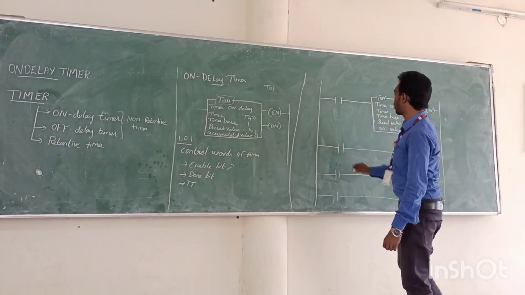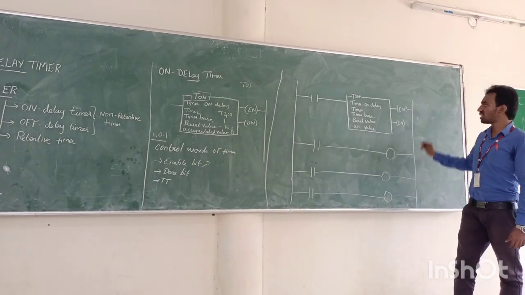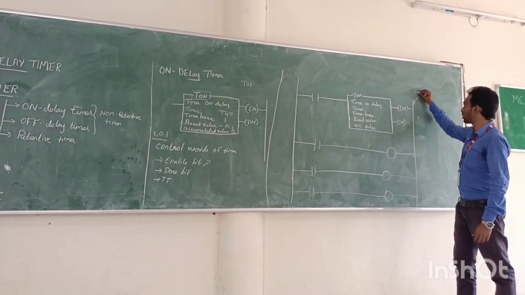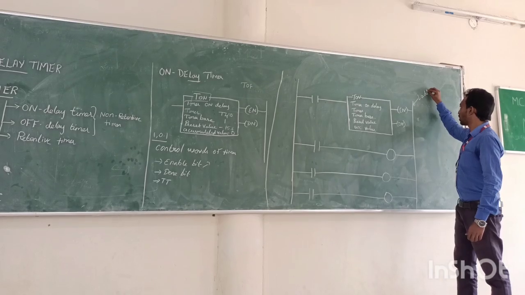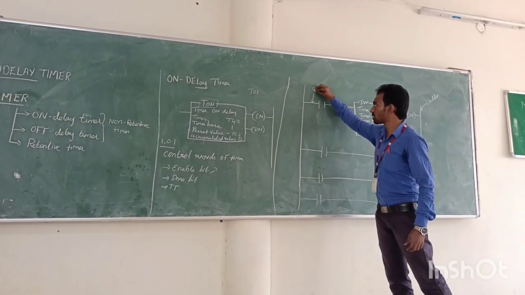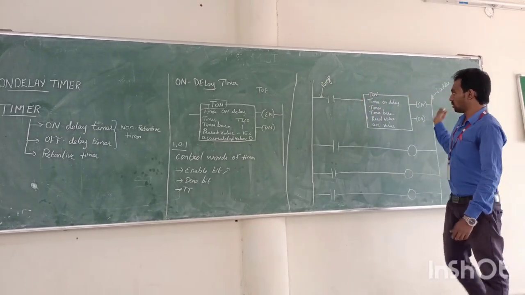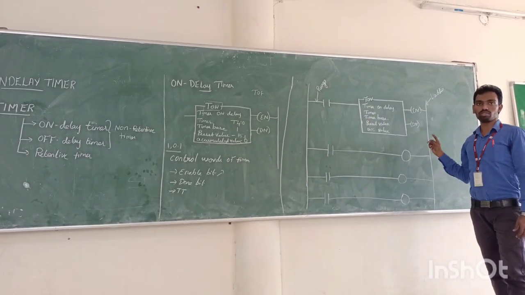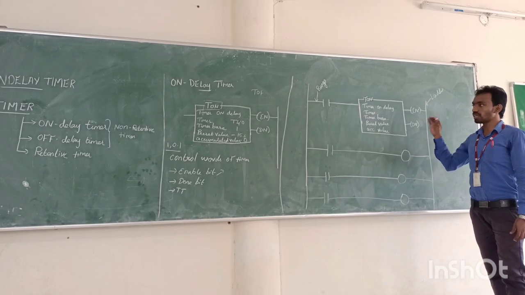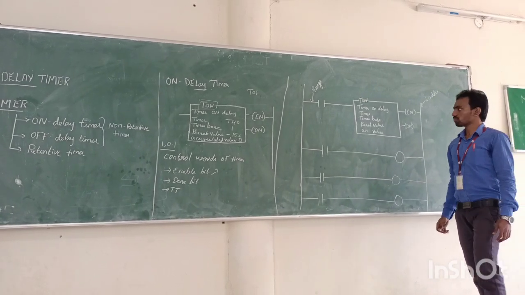This is a simple program. So in this PLC program, this vertical line is called a ladder, and this horizontal line is called a rung. So in every program there are two ladders and n numbers of rungs based on the application of the program.